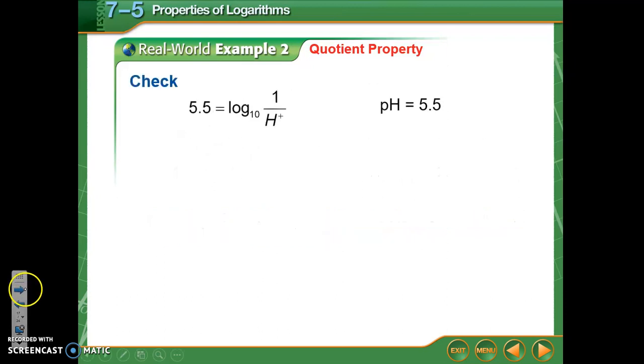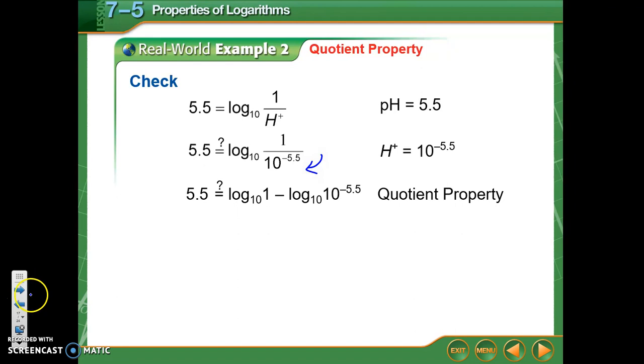And then we can check to make sure. So I can plug in what I just got for my hydrogen ions and see if it actually gives me what I think it's going to give me, if it's about equal. And it turns out that it does.